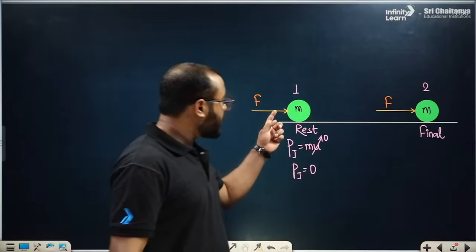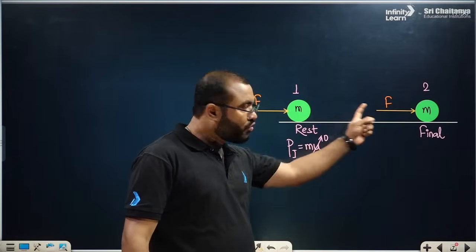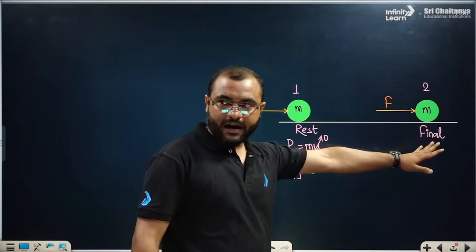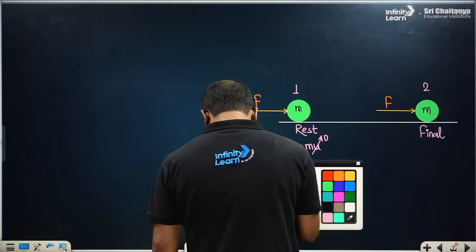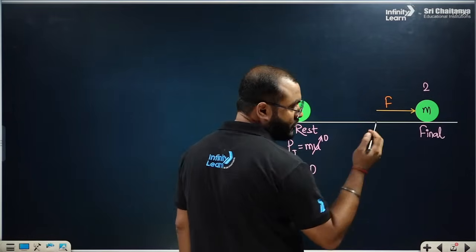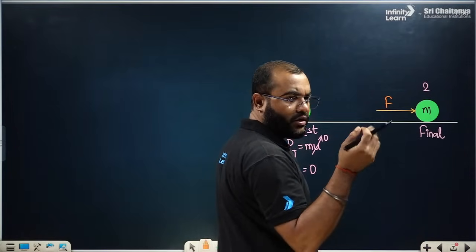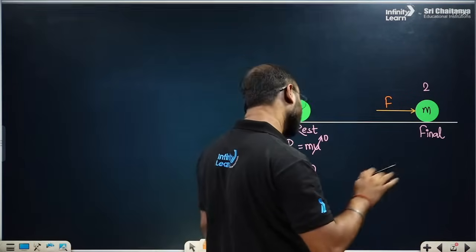After the application of force, it moved to the final point, and the velocity can be anything, but it is not equal to 0. It will be something, 10, 20, 50, 2, 4, anything, but not 0.